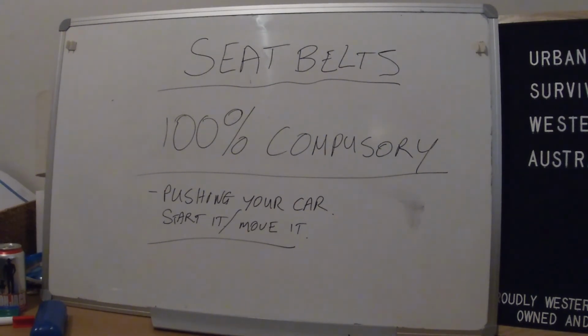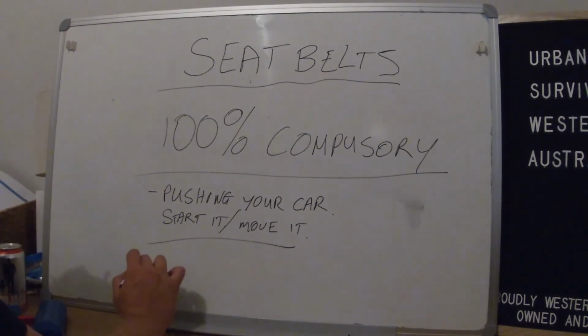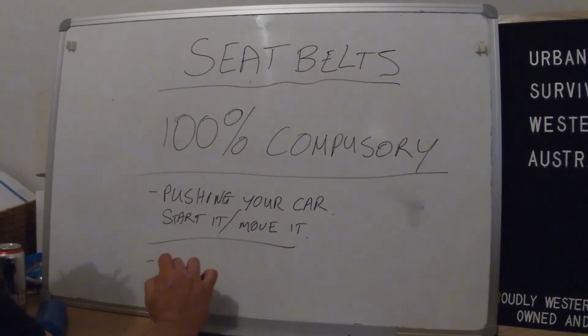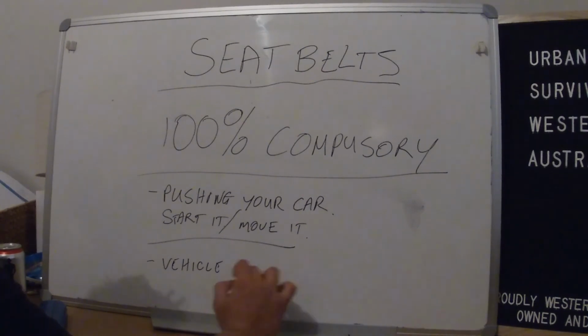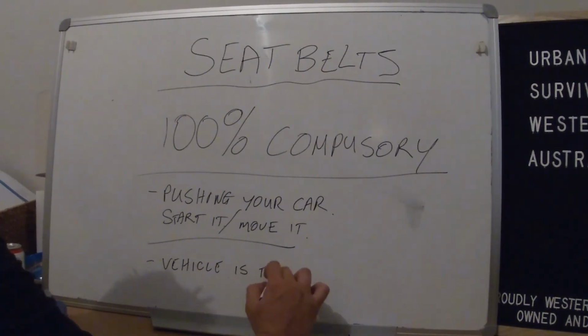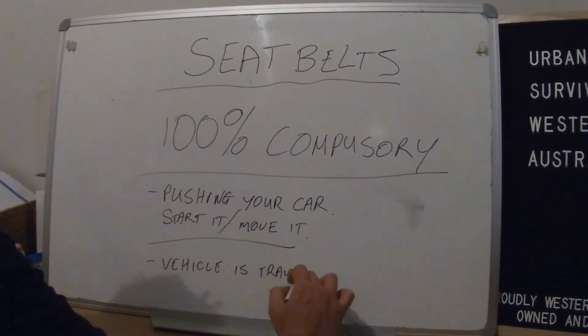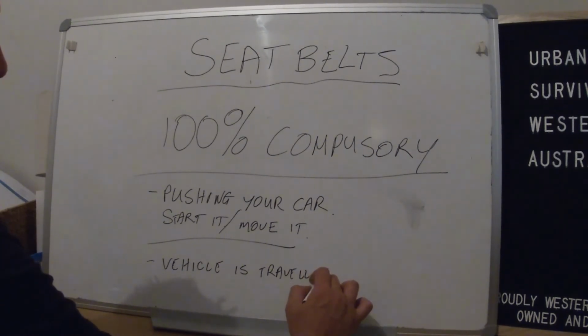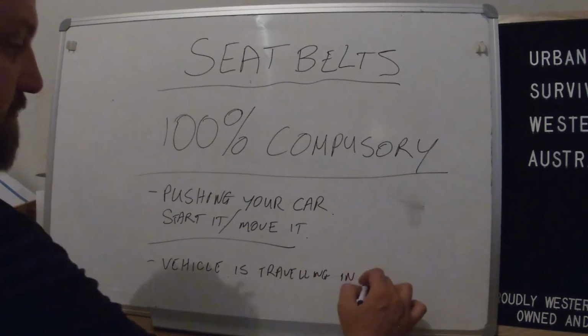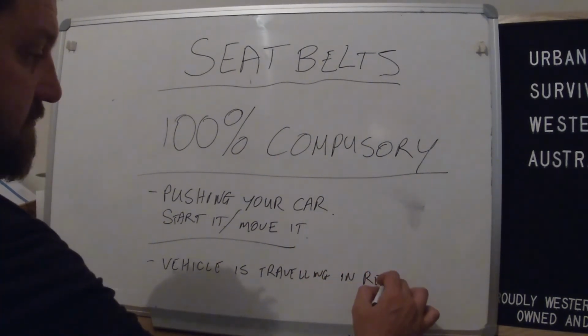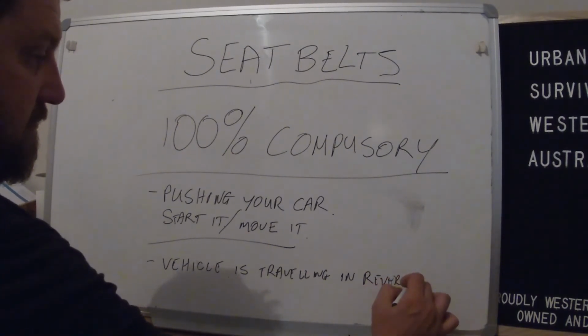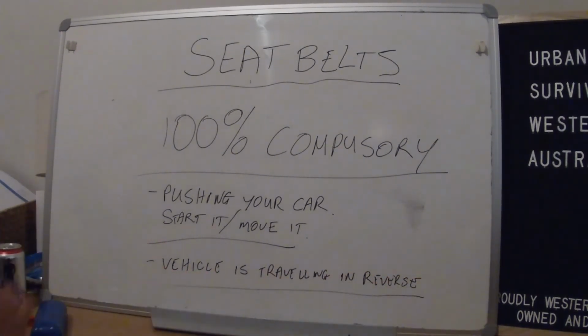A controversial one, where there's a lot of arguments, I don't recommend doing it, is if your vehicle is travelling in reverse. Then you don't need to wear a seatbelt.